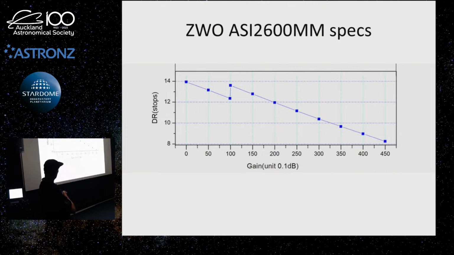And this is what ZWO say their cameras do, their dynamic range as a function of gain. So you've got high dynamic range here, and then it goes down low. Then they switch out the capacitor, so the full well capacity drops, but the noise drops even further, and so you get some of your dynamic range back, and then you start losing dynamic range.